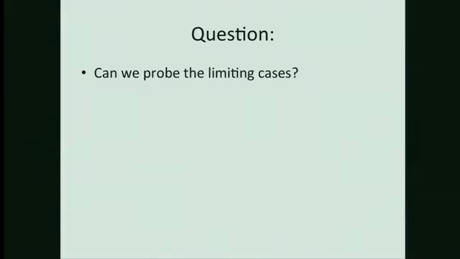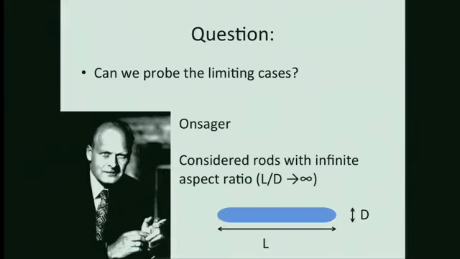Because if you look at Onsager's work, he was interested in the observation that in suspensions of tobacco mosaic virus in the 1930s, people observed liquid crystalline order, and he tried to work out an explanation that argued that this was due to entropy alone, excluded volume alone.